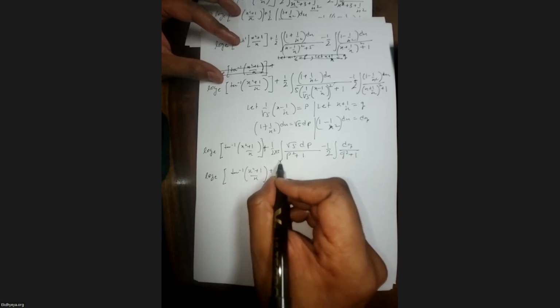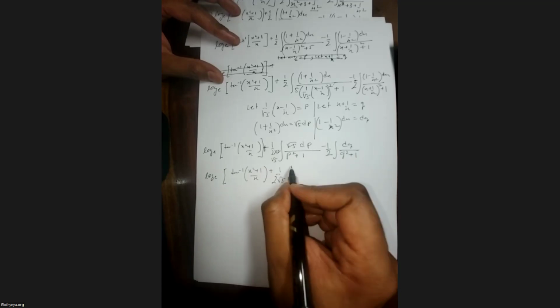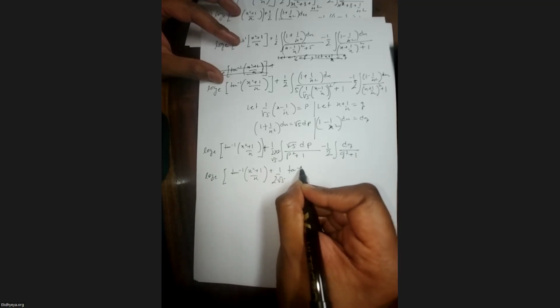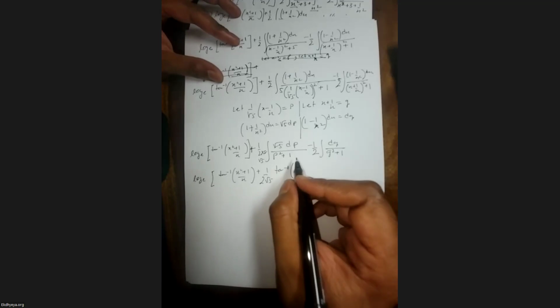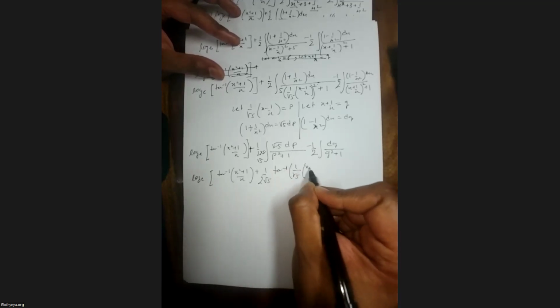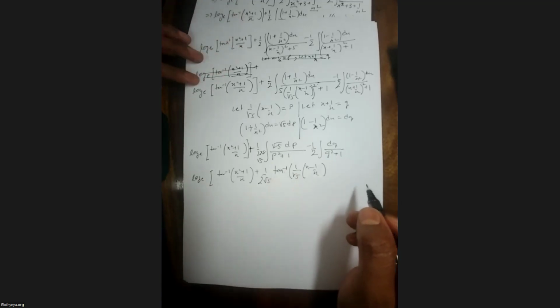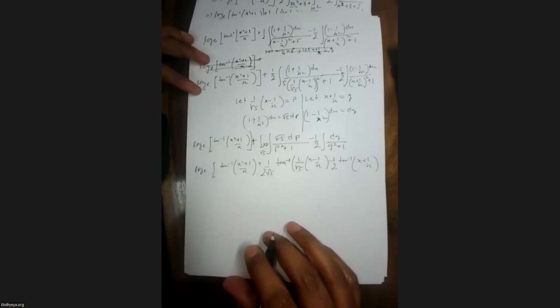So this will become 1 upon 2 root 5 tan inverse (1 upon root 5)(x minus 1/x) minus 1 by 2 tan inverse (x plus 1/x). All right.